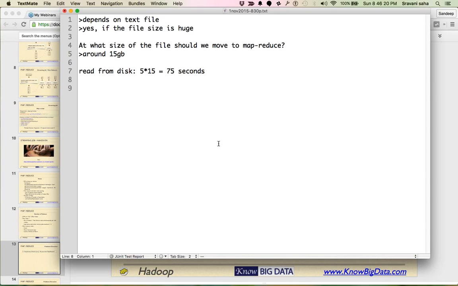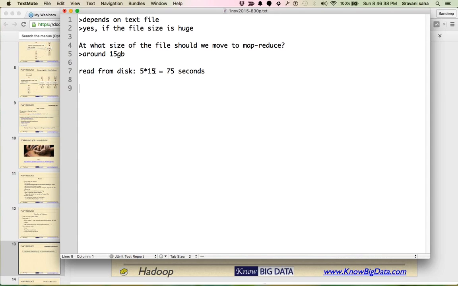The other reason for 15 gigabytes is that you cannot fit 15 gigabytes in the memory of normal machines. So you inevitably have to break it into sections, compute the frequencies in the parts, and then combine the frequencies.